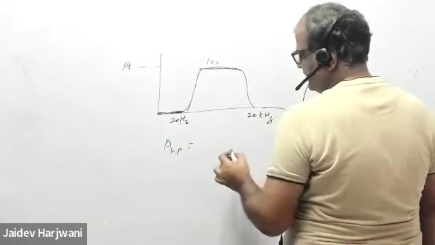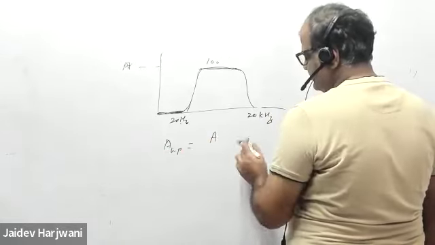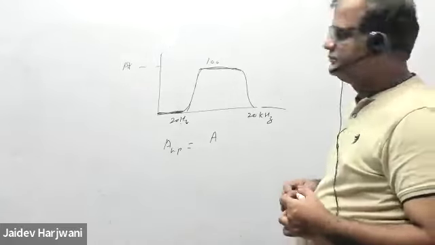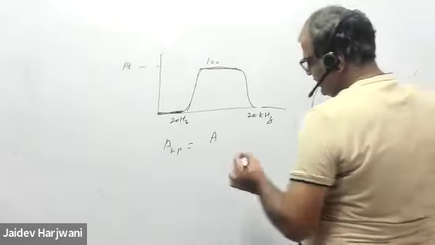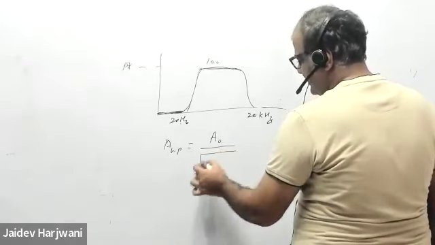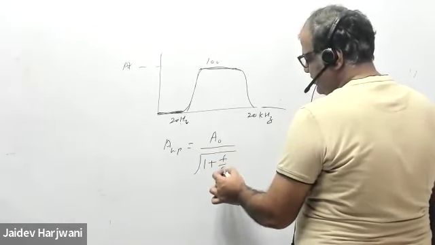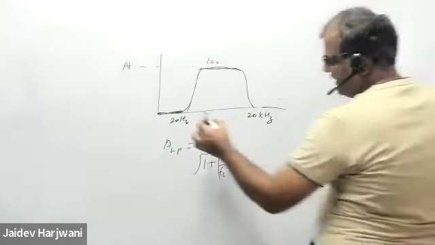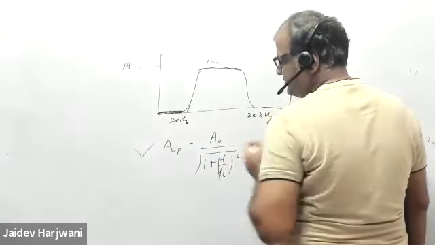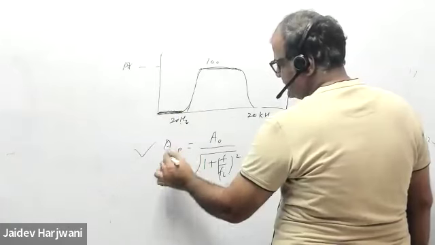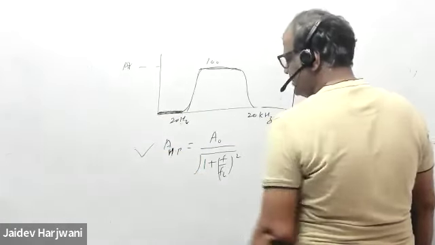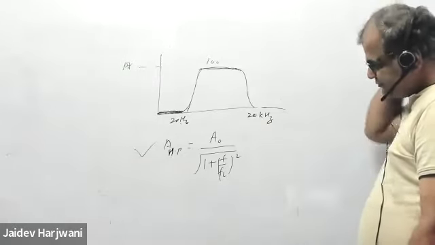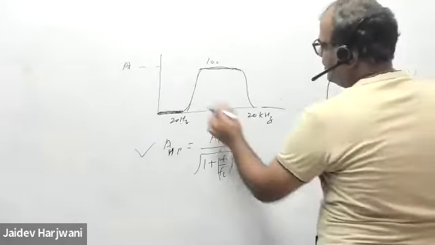It is A0 upon the square root of 1 plus the square of FL upon F. If the frequency is less than the cutoff, I will use this formula for the high pass. And this gain A naught is 100.